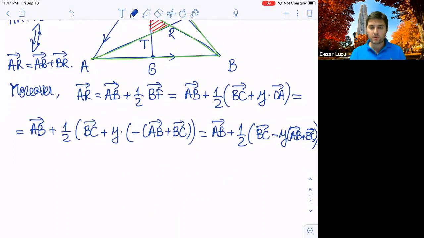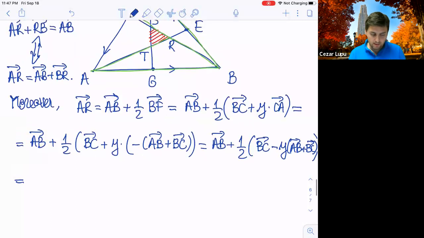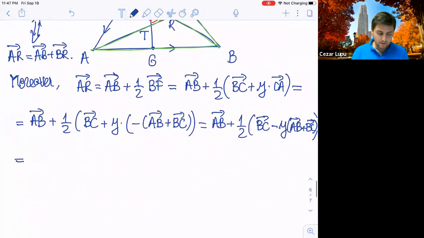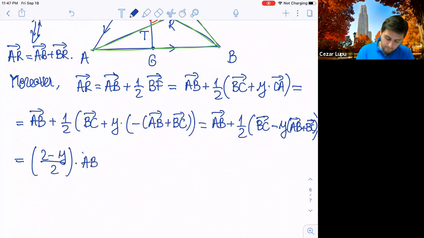And now if we do all these computations here, this would be equal to, and we know what each one is. Yeah, we already know. So this will give us AR, something like, okay. All right, so this will give me 2 minus Y over 2 times AB vector plus 1 minus Y over 2 times BC vector.